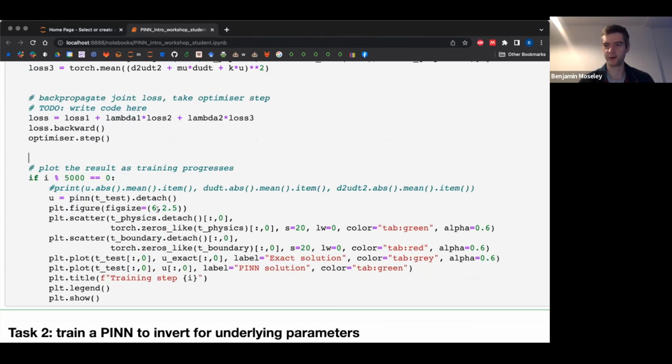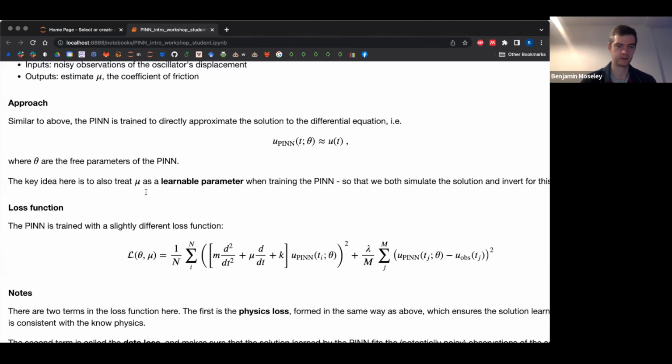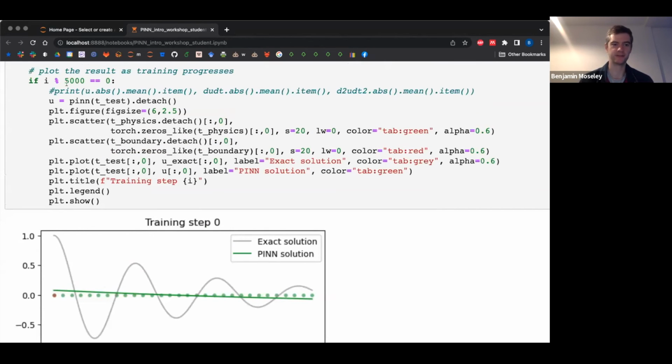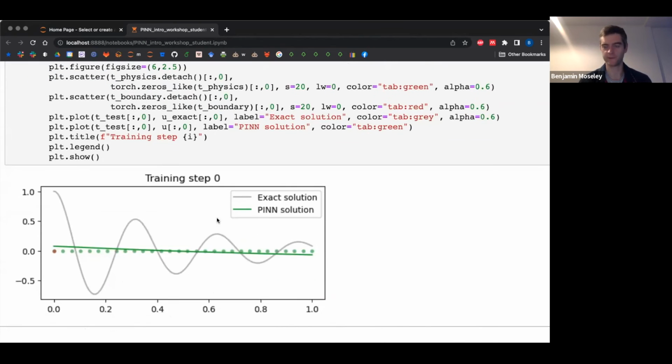The rest of the code here is just we're going to test the solution over our test points and compare it to the exact solution. So let's see if this is running. It's going to run for, I think, about 15,000 steps, and every 5,000 steps it's going to make a plot.